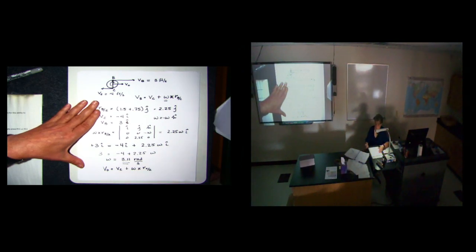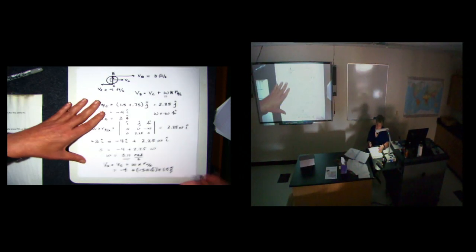We're going to find the velocity at C and the rotation of AC, and we're going to find the rotation around CD. So this one's actually problem 79.